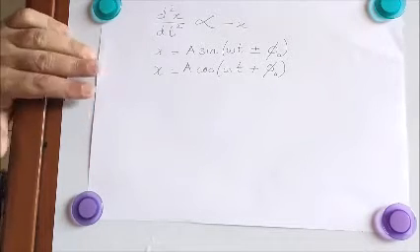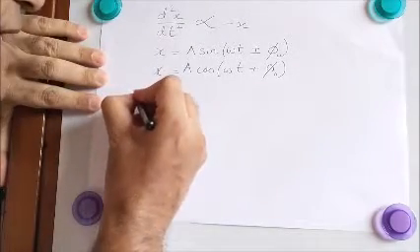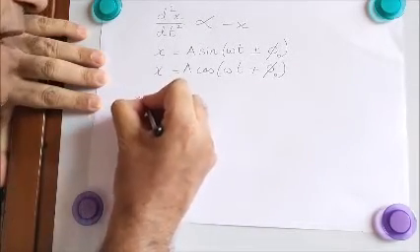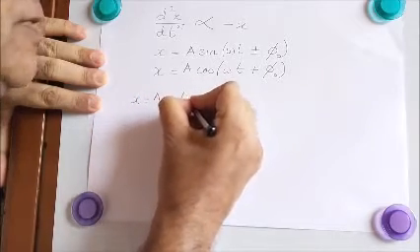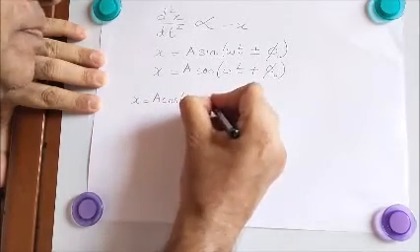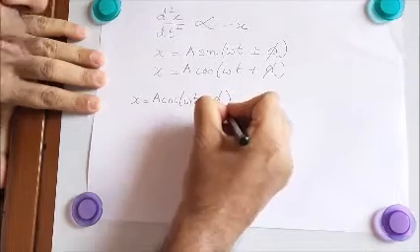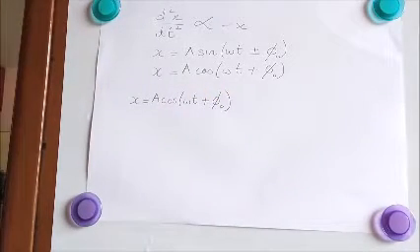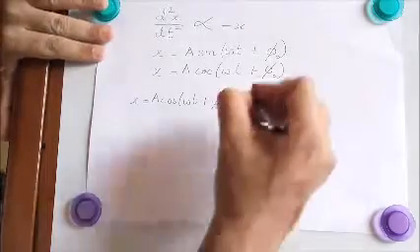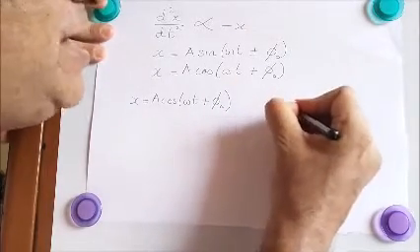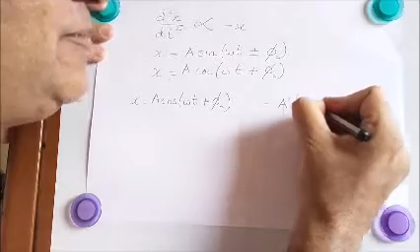Now if we take SHM as x equal to a cos(omega t plus phi naught), then this x varies from minus a to plus a.